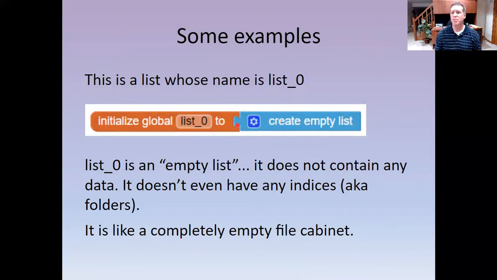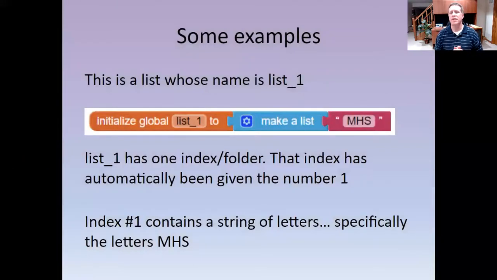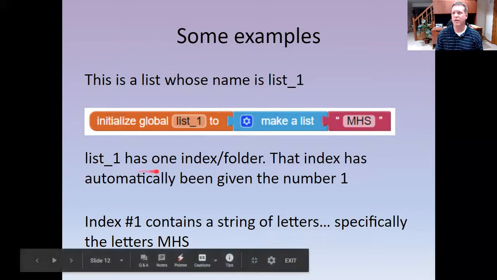Usually we always put something in the list just to make sure there's at least one index in there. So that brings us to example number 2. So here's an example of initializing a list so that there's one thing in it. This particular list, which I've named list 1, has a list inside of it that has exactly one piece of data.